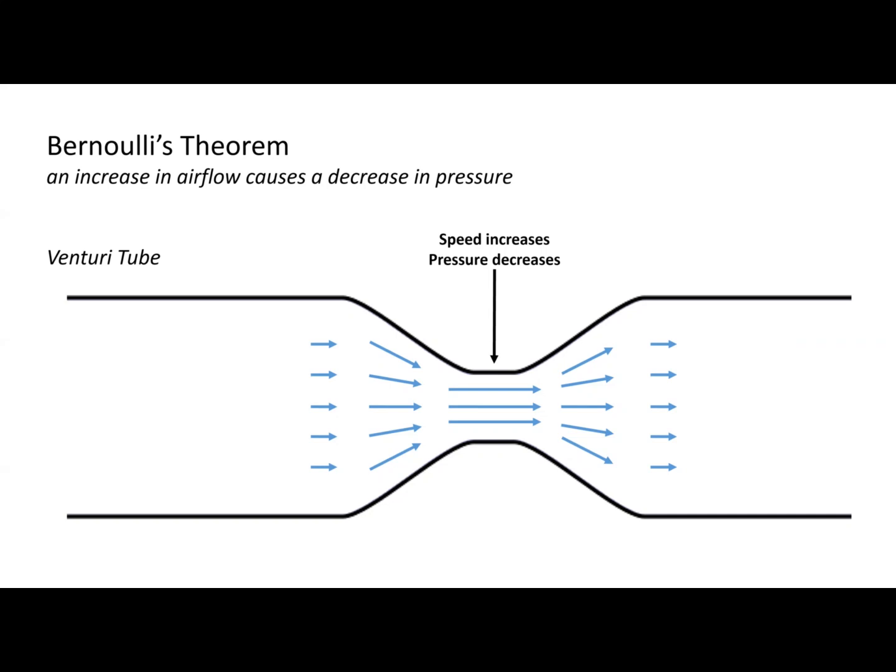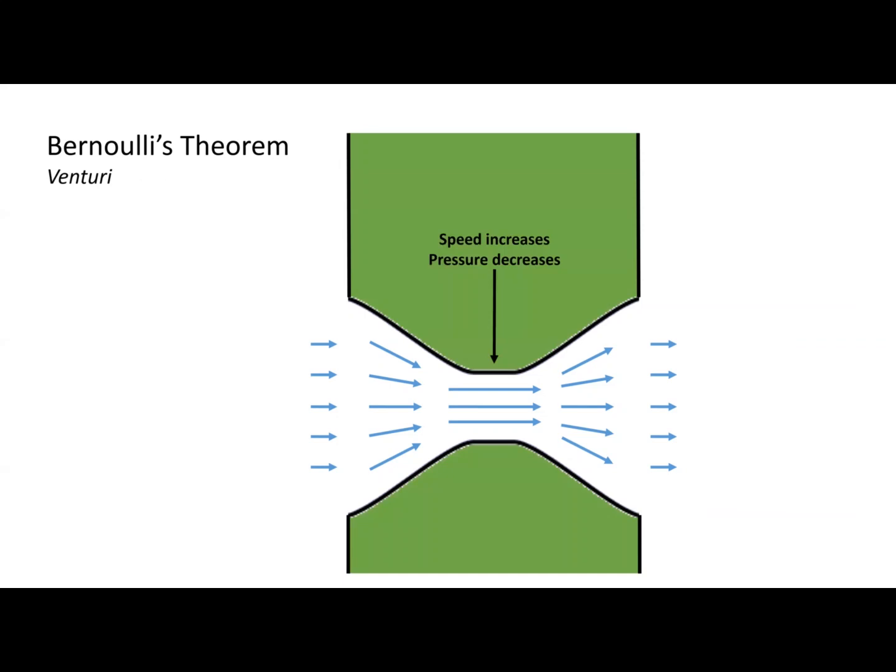Now, that has a number of practical applications for us when we fly. And one of them would be, if you're flying a hill here, and the wind's coming on the front of the hill, you're flying along here, and there's a gap.